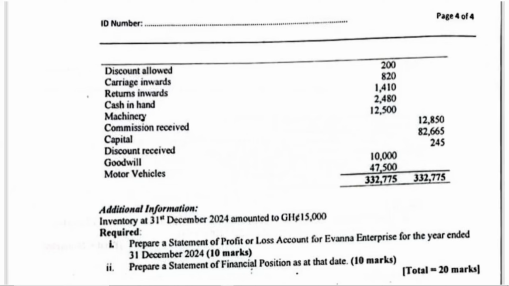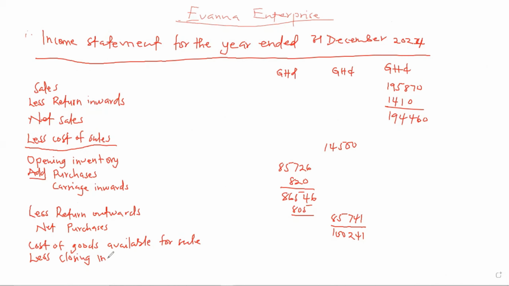You find the closing inventory in the additional information. So we say less closing inventory.